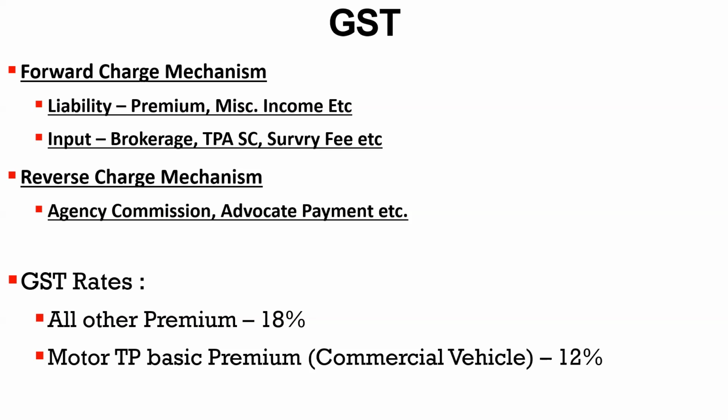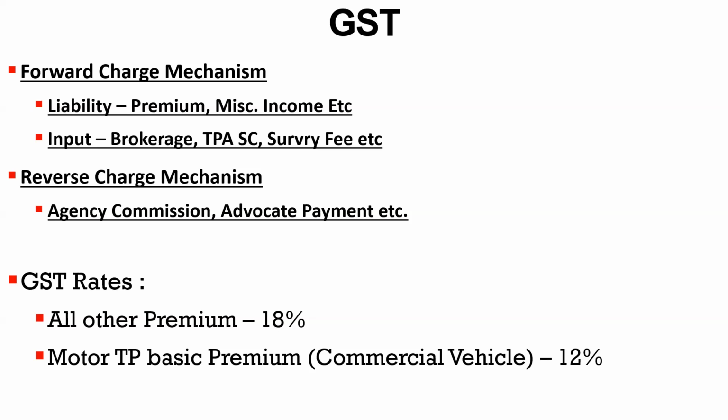Reverse charge is where we are receiving services, not providing services. We are paying 100 rupees to the vendor for receiving a service. On that 100, now the vendor is free. We have paid 100 rupees to the vendor, used his service, he can go home.